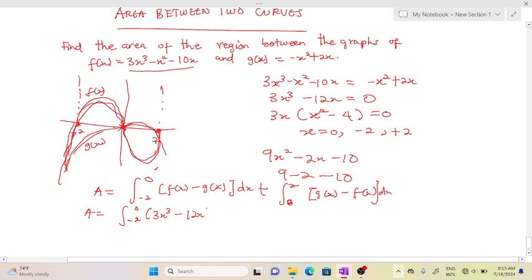I remember we did that here when you subtracted. Plus the integral from 0 to 2. This side is going to give me negative 3x cubed plus 12x dx.